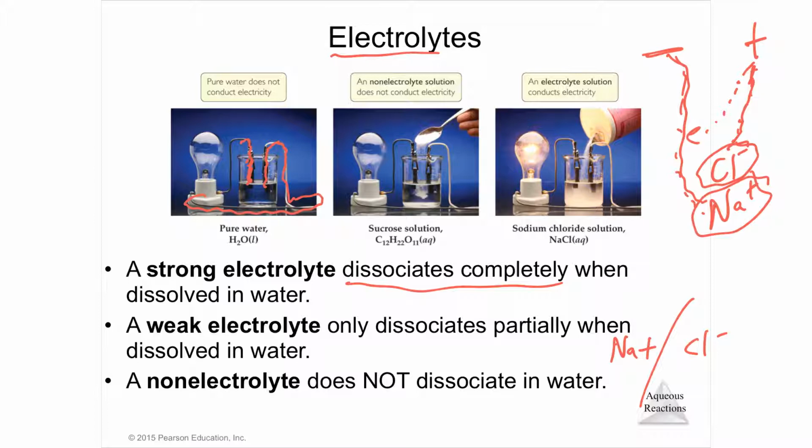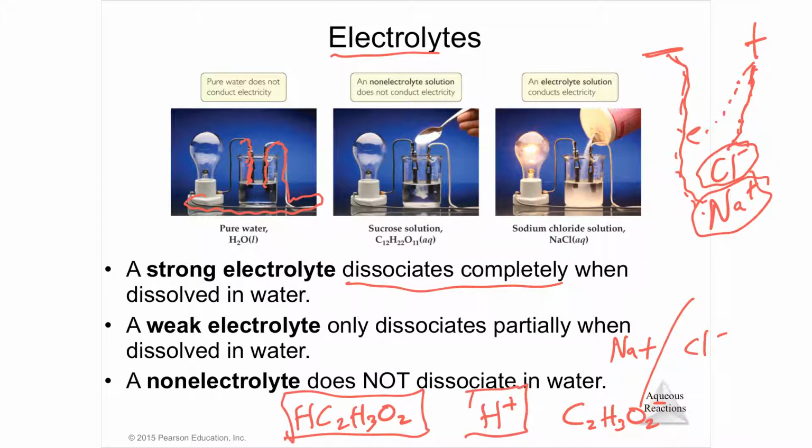So an example would be vinegar. So if you have acetic acid, which is HC2H3O2, all right, it does break apart, and you're going to get some H+, and you're going to get some C2H3O2 negative, but you're also going to have some acetic acid.